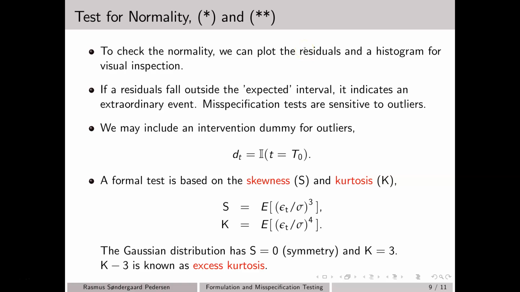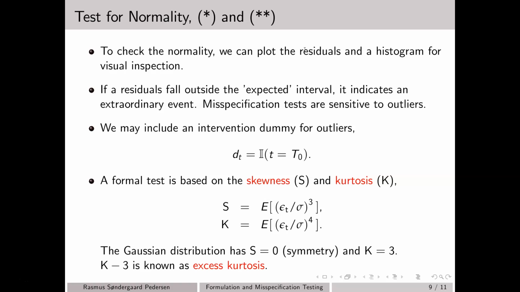If we have some extreme values of the residuals, this suggests that the errors may not be normally distributed, and it could indicate that there's been some extraordinary event at a given point in time. Note in general that the misspecification tests are fairly sensitive to outliers, or these extreme values of the residuals.